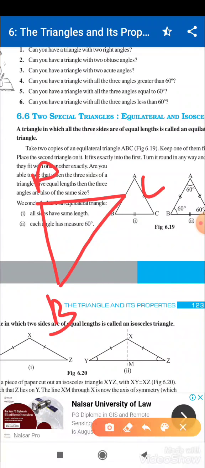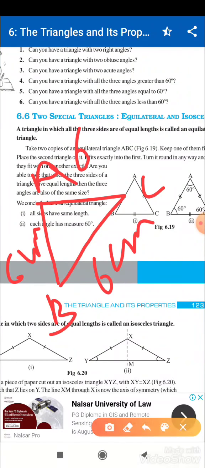In this triangle, the measurement of AB is 6 cm, BC is 6 cm, and AC is also 6 cm. So now you can see that the measurement of all the three sides of this triangle are equal. So this triangle is known as an equilateral triangle.